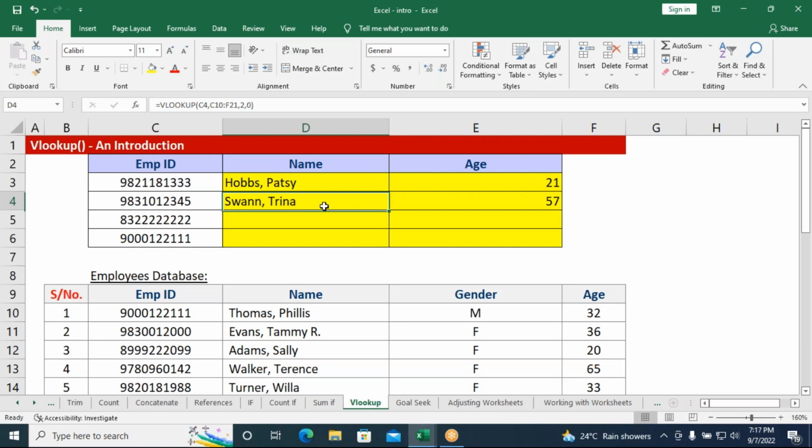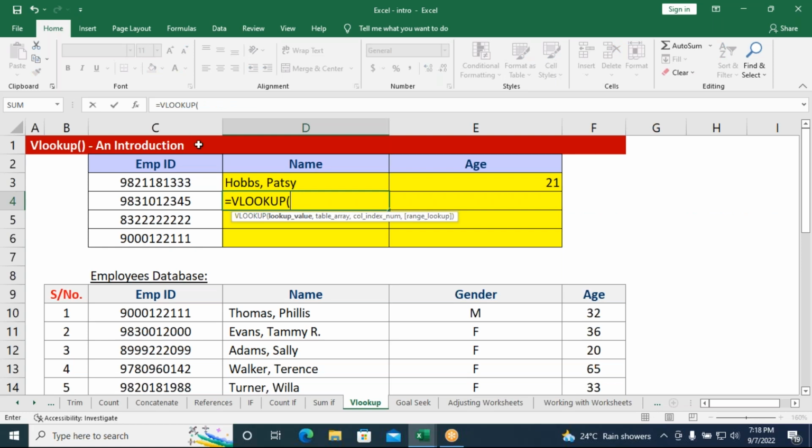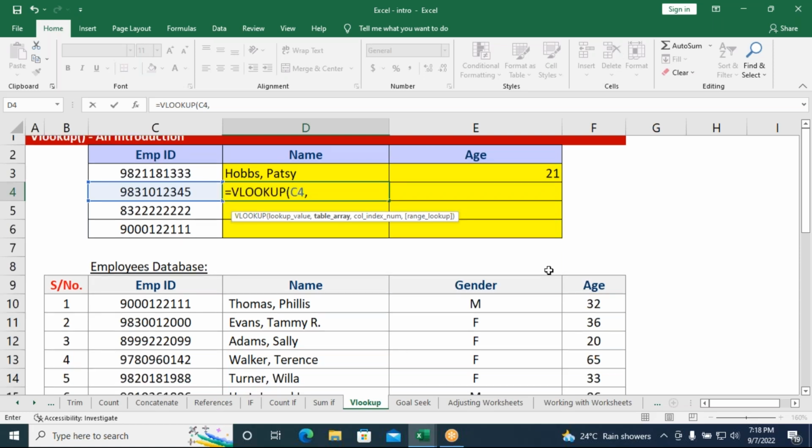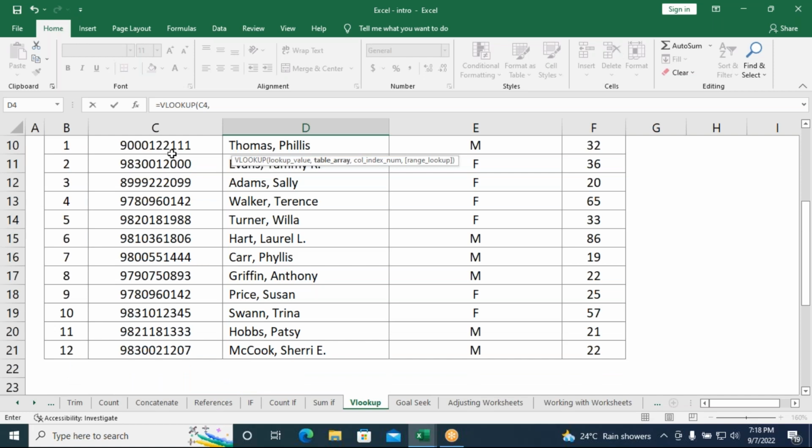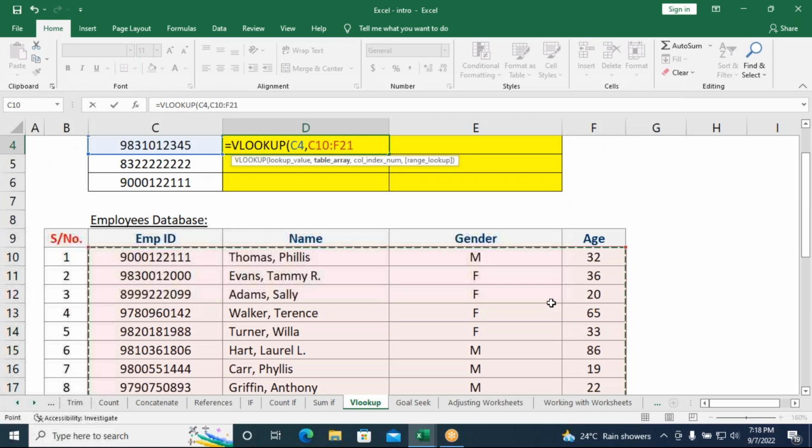Is equal to VLOOKUP, open the parenthesis, select the lookup value. This is my lookup value, and select the table array. My table array is this one. So I'll select my table array, comma. I'm looking for name. Name is under the second column.